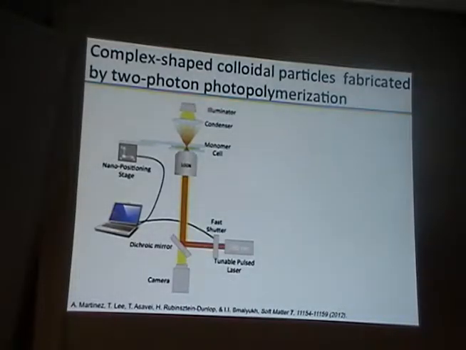What we have is a femtosecond laser source, and we focus it tightly by using high numerical aperture objective, and then we can control the sample or objective by using a nanostage which controls XYZ positions with nanometer precision, so that we can draw, we can polymerize colloidal particles of any desired shape.